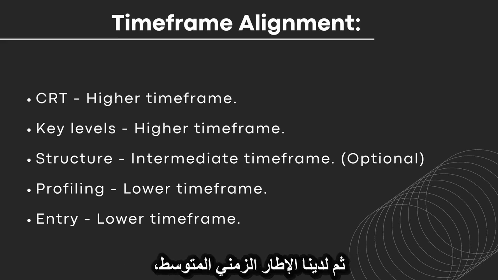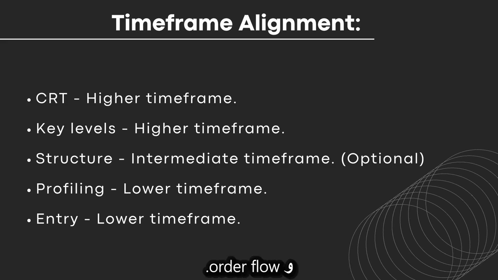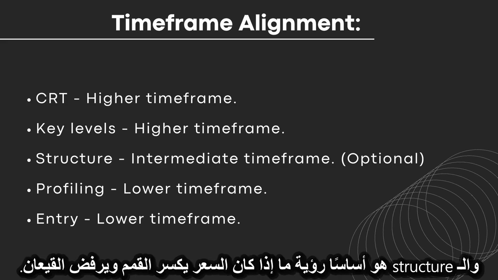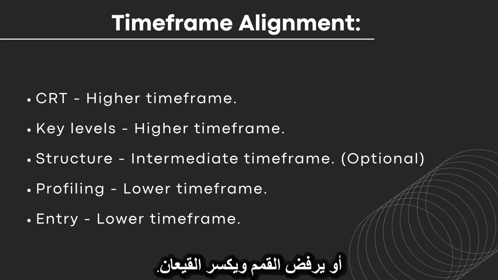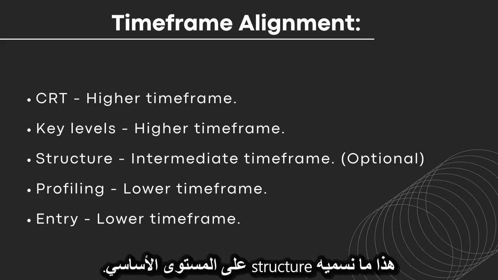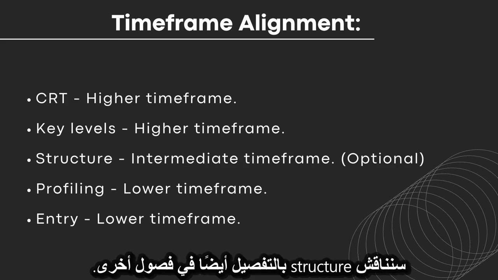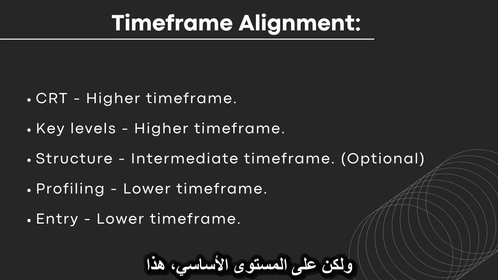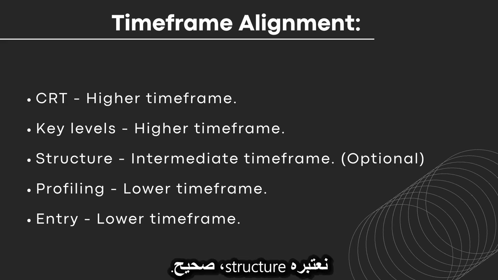Then we've got the intermediate time frame, on which we'll determine structure and order flow. Structure is basically seeing whether price is breaking highs and rejecting lows, or it's rejecting highs and breaking lows. That's what we call structure on a fundamental level. We're going to discuss structure in detail in other chapters, but on a fundamental level, that's what we regard structure as.